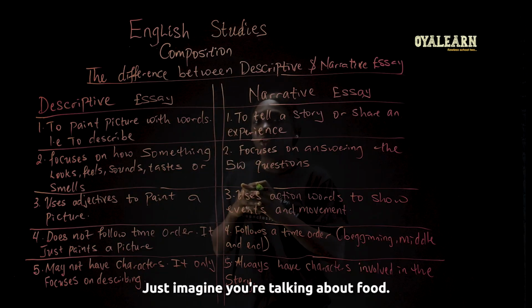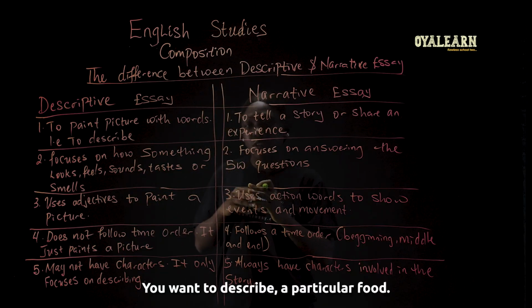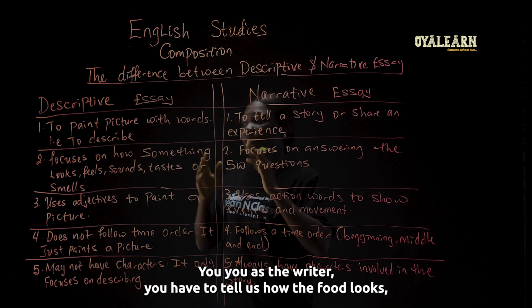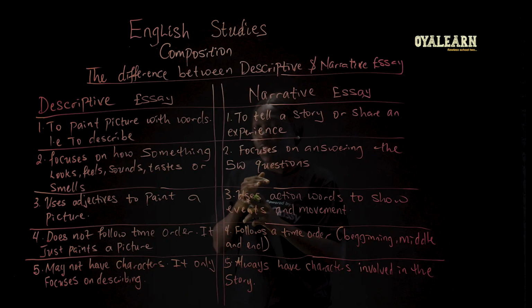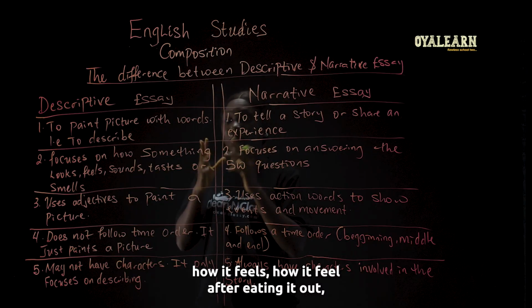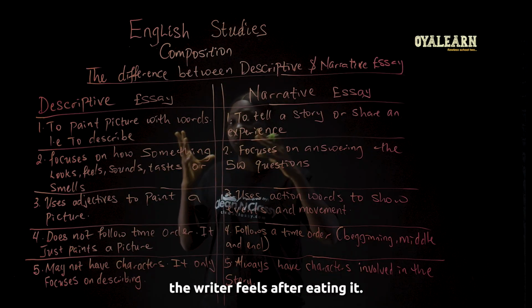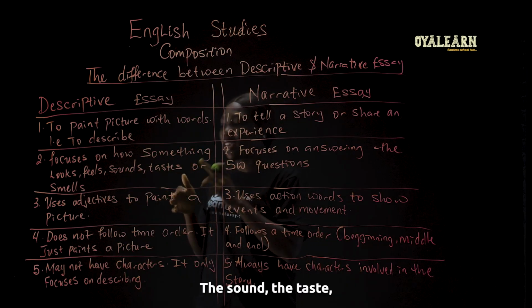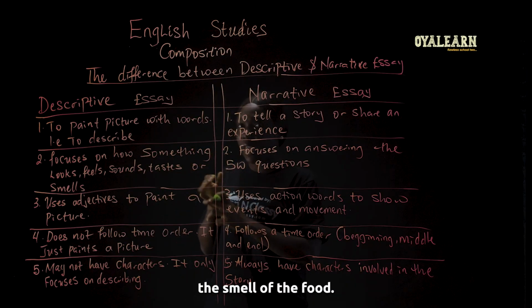Just imagine you're talking about food. You want to describe a particular food. You as the writer have to tell us how the food looks, how it feels, how the writer feels after eating it, and the sound, the taste, and the smell of the food.